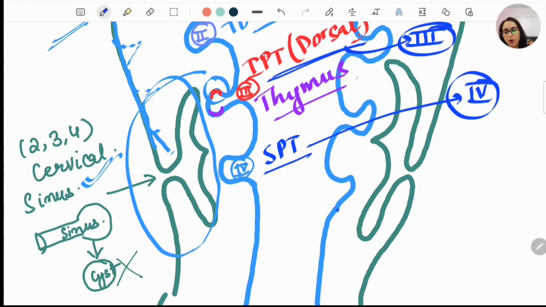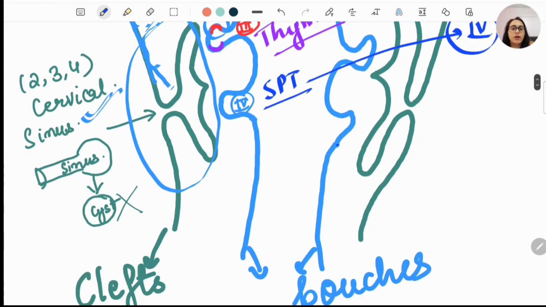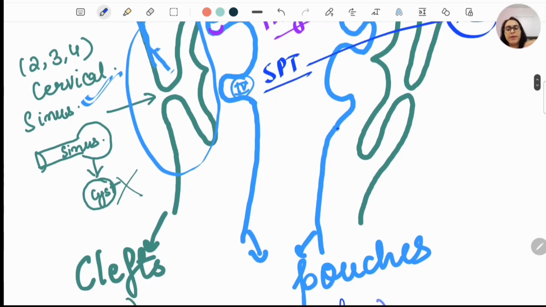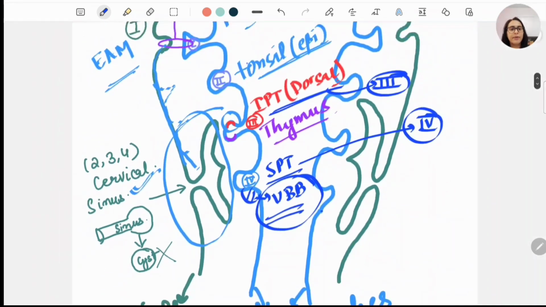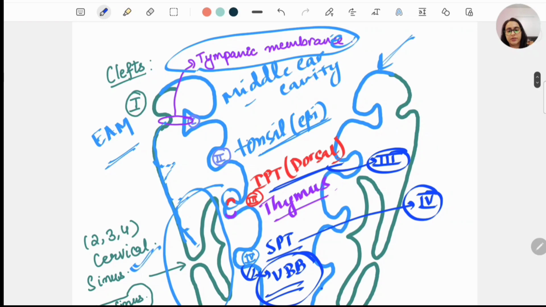The fifth pharyngeal pouch becomes rudimentary, and there are some remnants in the form of the ultimobranchial body. So the ultimobranchial body is a remnant of the fifth pharyngeal pouch. Now these pouches are inside, remember they are of endoderm origin.